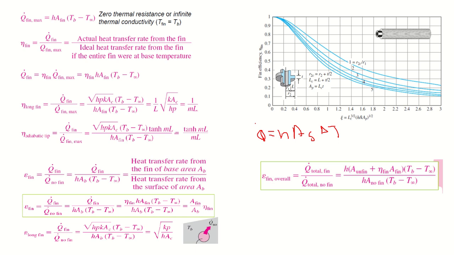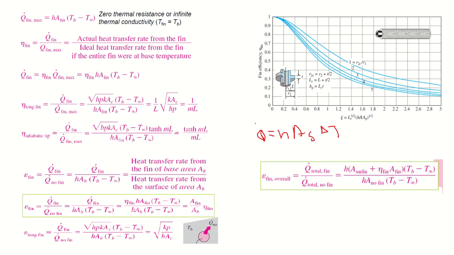Increasing h means introducing pumps, fans, bigger pumps, bigger fans, which is not always feasible. The second option is increasing area, so we add additional material so that the rate of heat transfer is enhanced.